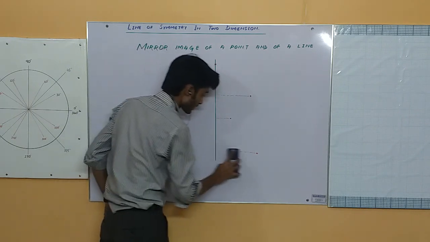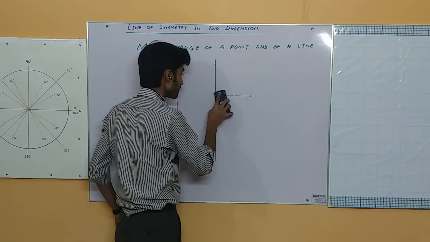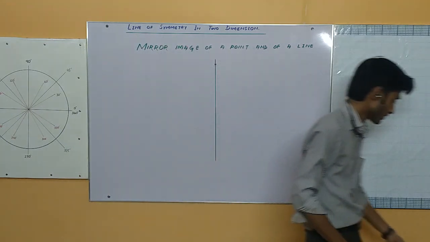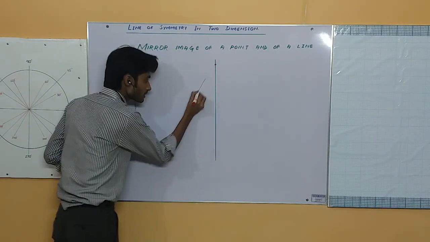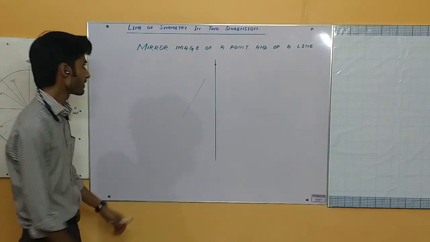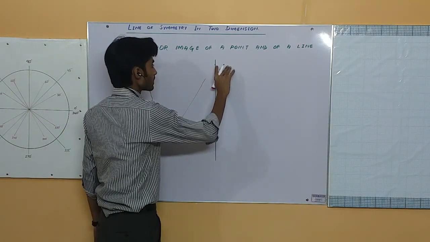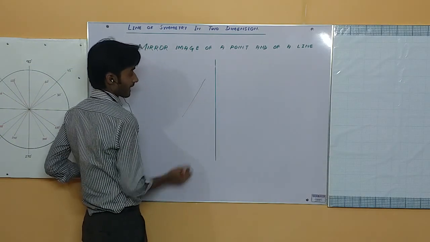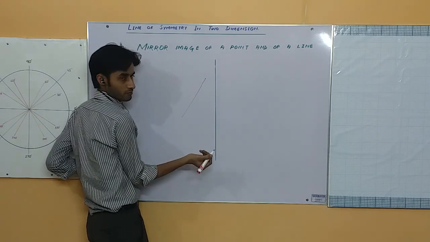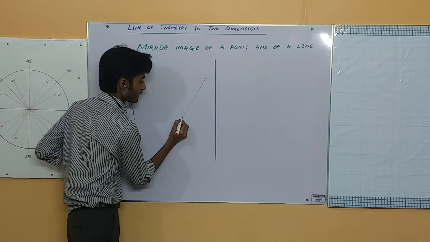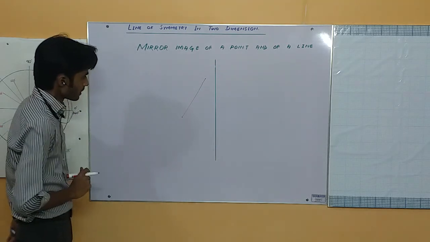For instance, I give you a line and then I ask you to draw the mirror image of that line. Let's suppose this is a line. Okay? And then I want you to draw the mirror image of this line. For instance, first of all, this is the starting point of this and this is the ending point of this.